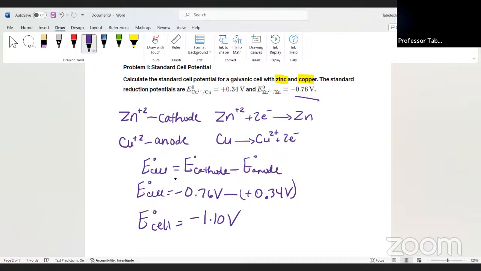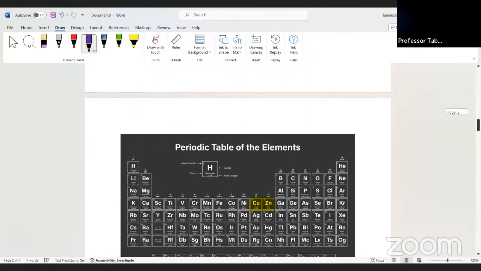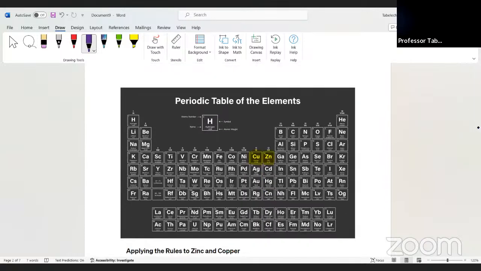How do you know which one's a cathode and which one's the anode? The difference is, let me pull the periodic table up so you can see that. The further right it is on the periodic table, the more electronegative it is, and the more electronegative it is, the more chance of it being the cathode.